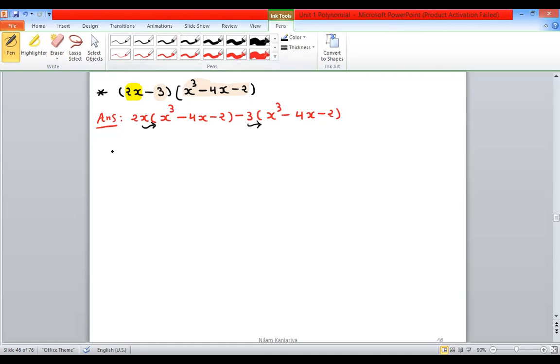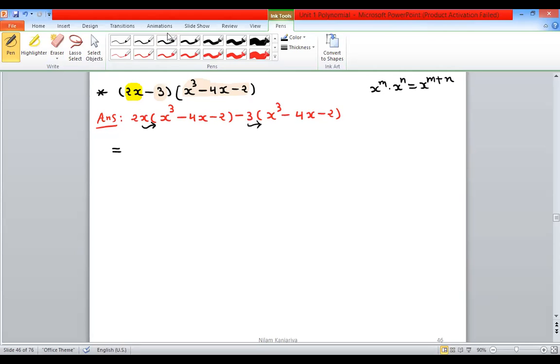Here we can use this property: x raised to m into x raised to n gives x raised to m plus n. Two variables with different powers, and the powers will be added to each other.